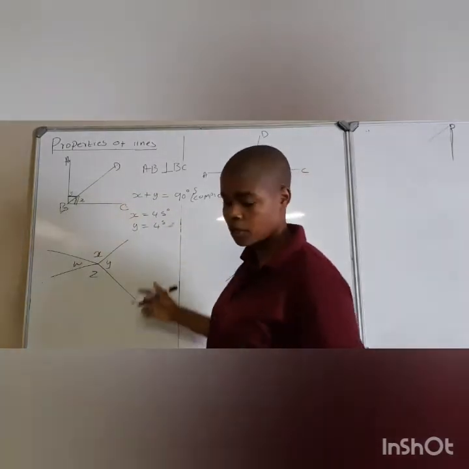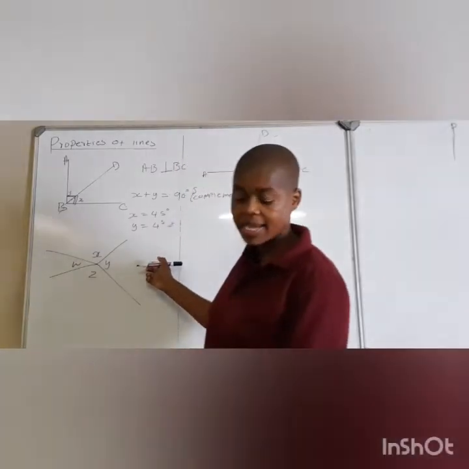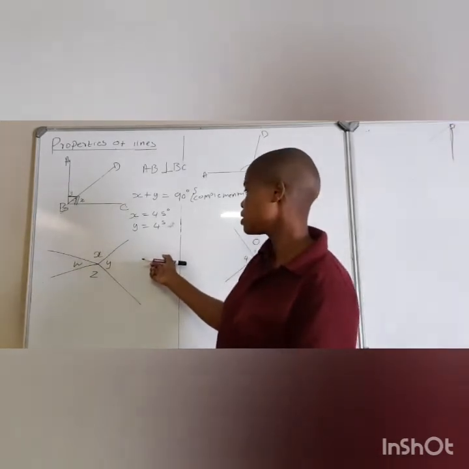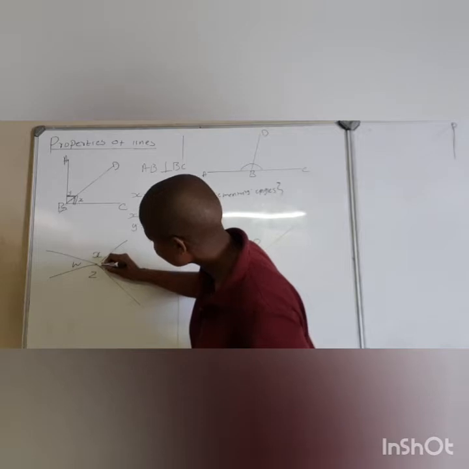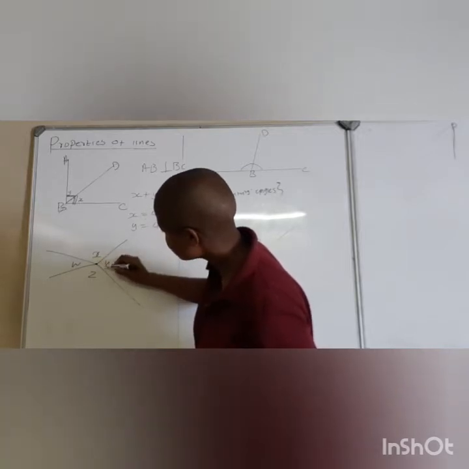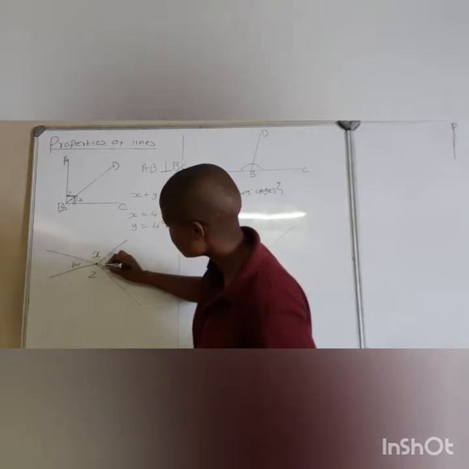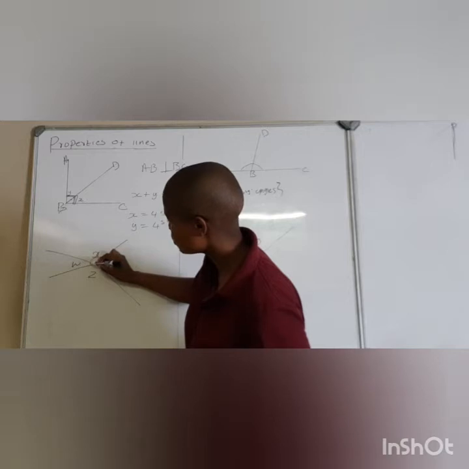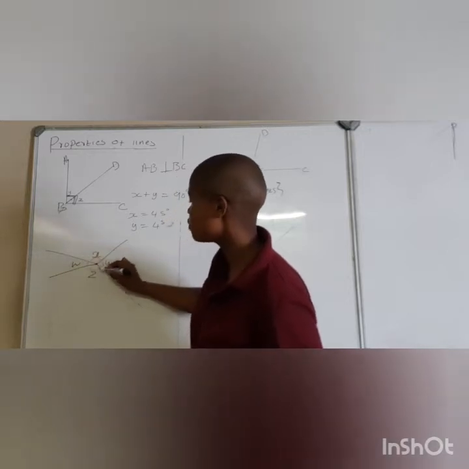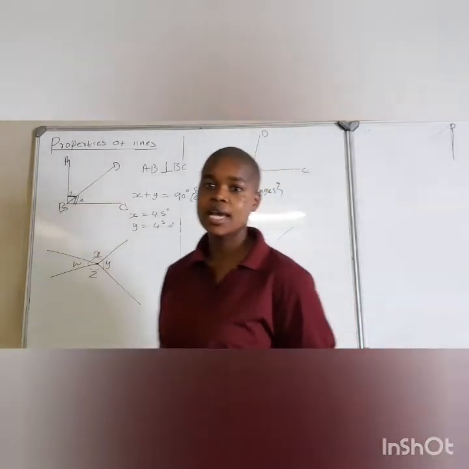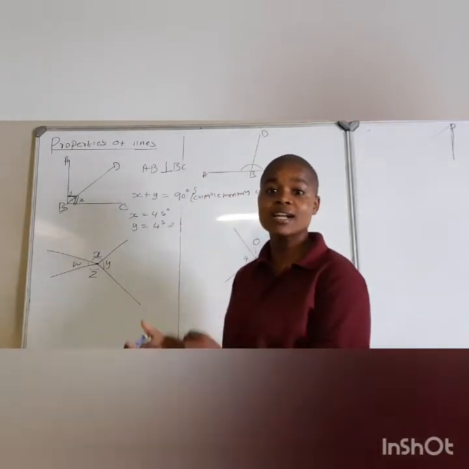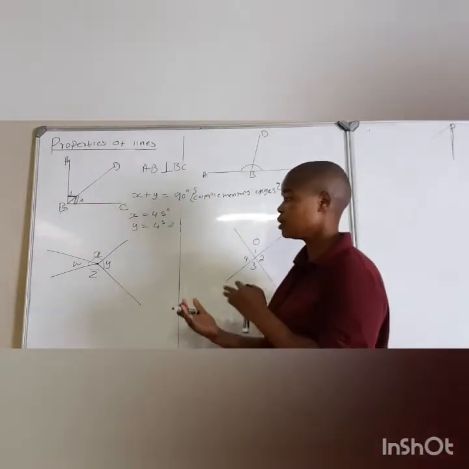And then we have angles around a point. Basically there is a point, and these are angles. When two lines meet, guys, an angle is formed at the vertex. We have angles X, Y, W, and Z. They say angles around a point add up to 360.